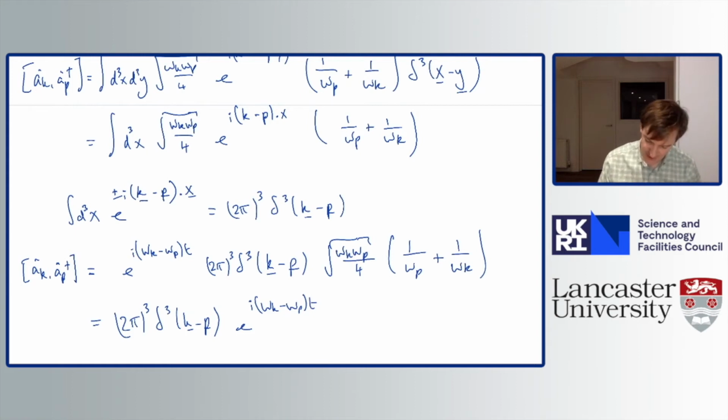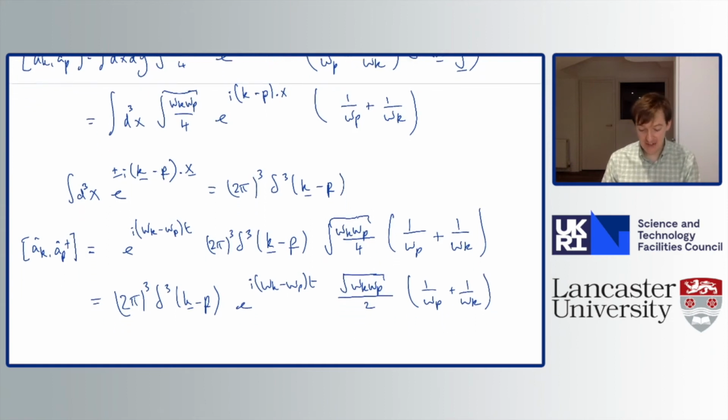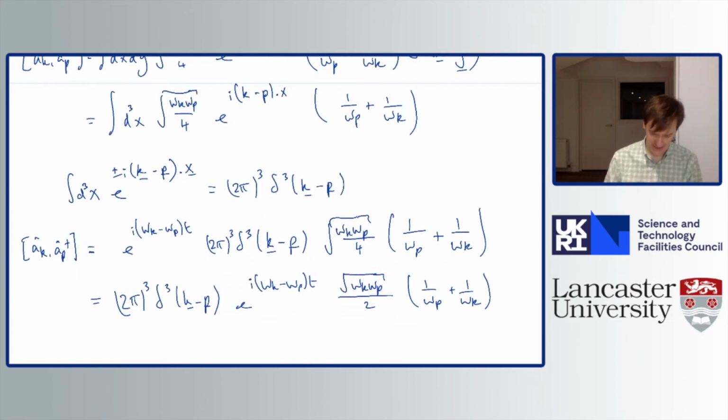We have the omega_k, omega_p over 2. I've now done the square root of 4. We have all of this stuff. So the question is whether or not we can simplify any of these, or do we always have to carry around all of this stuff in our expressions? The answer is we can simplify it, and in fact, it's all going to simplify down to 1. So let me explain why that's the case.